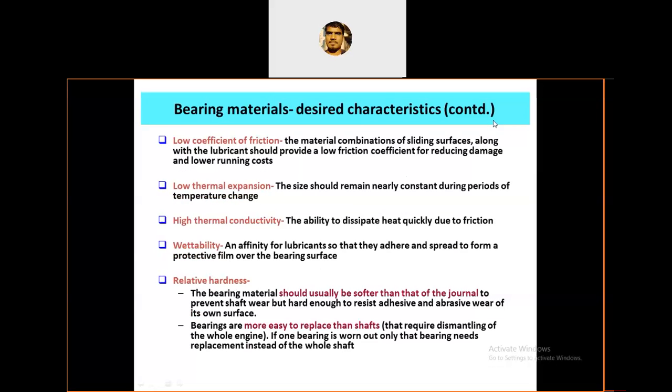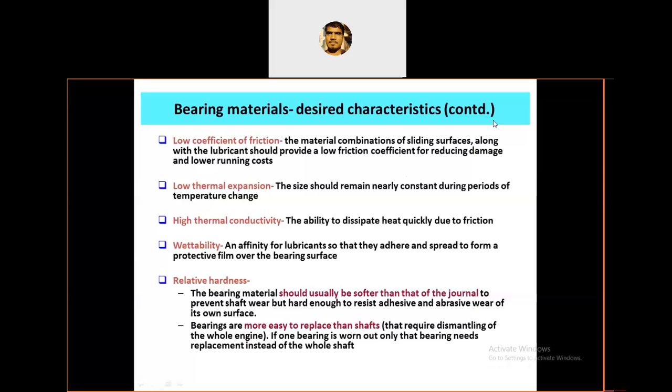Okay. So should the coefficient of friction always be less or more? In general, it should be less. So this bearing material should have a very low coefficient of friction. If the coefficient of friction increases, indirectly it will either increase the friction or decrease the load carrying capacity, that is W, because the equation is small f is equal to capital F by W. Actually the coefficient of friction should be less.